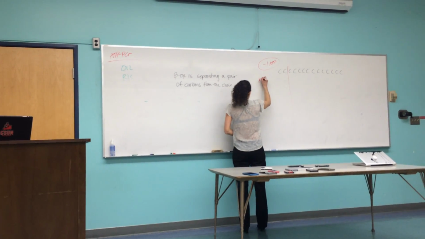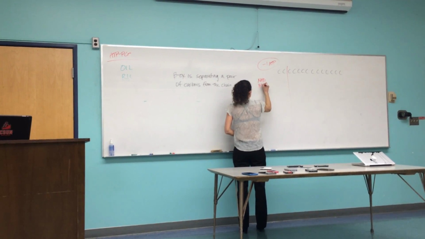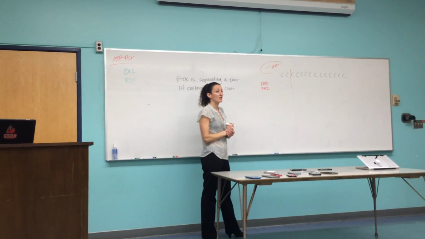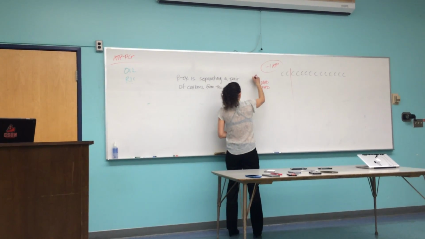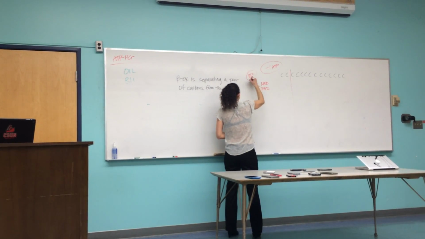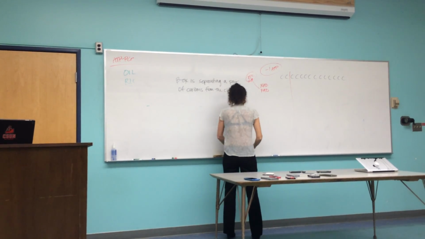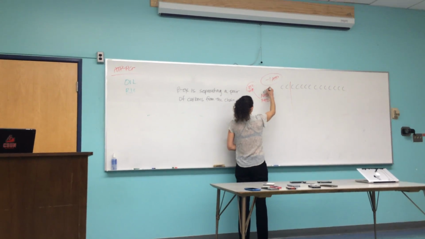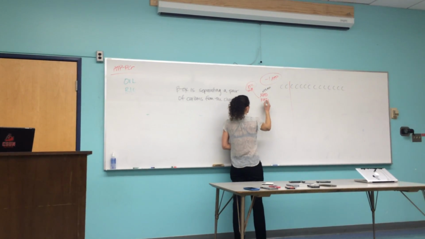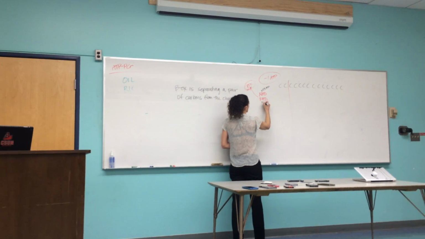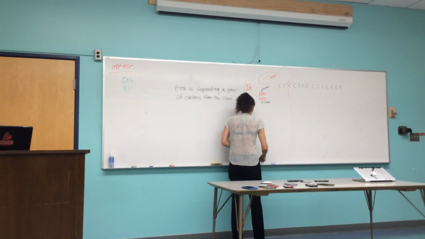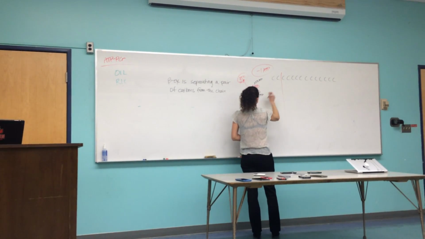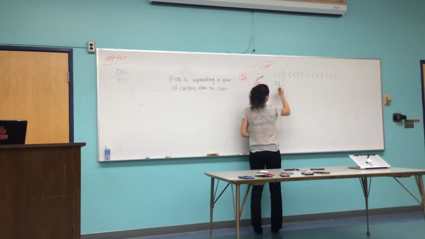That will give you 1 NAD and 1 FAD. What are those? Electron carriers. Where do they go? In the mitochondria, to the electron transport chain. Each NAD is going to give me how many ATP? Each FAD is going to give me how many ATP? So I'm going to have a total of 4 ATP from this process.